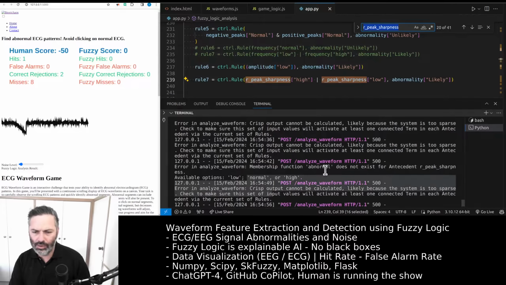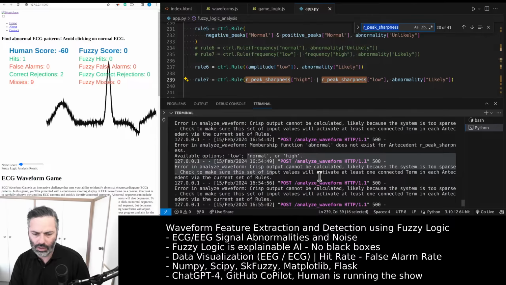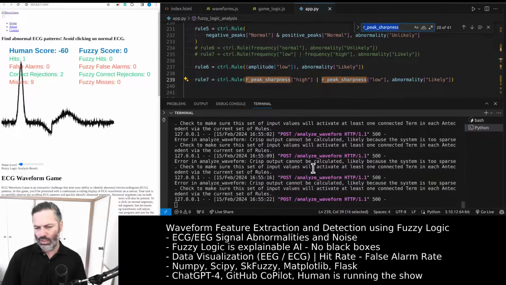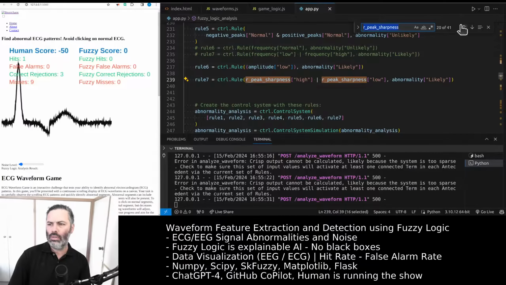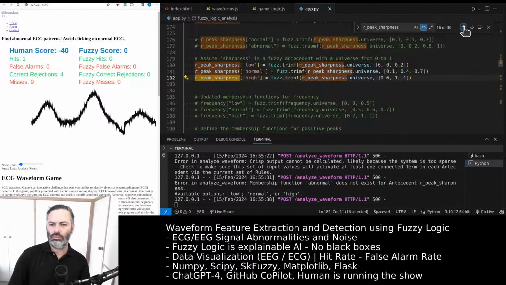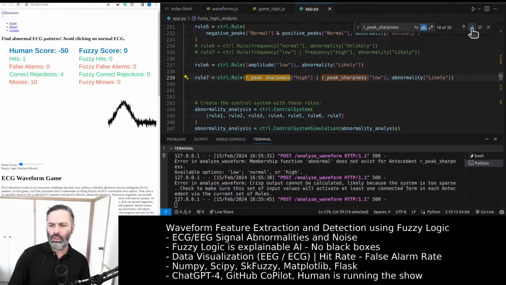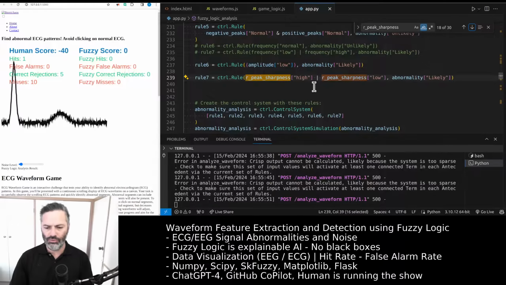That error before didn't make sense, but now it's gone away. What? It's weird. We have no low, normal, high. Yeah, check those rules.